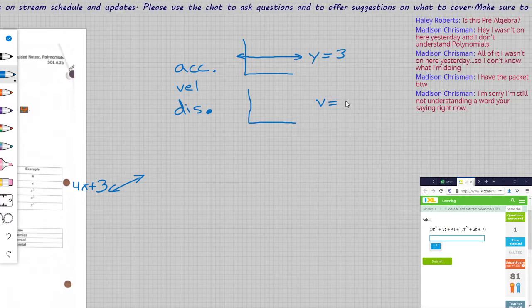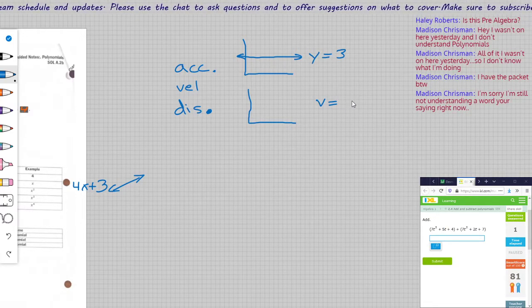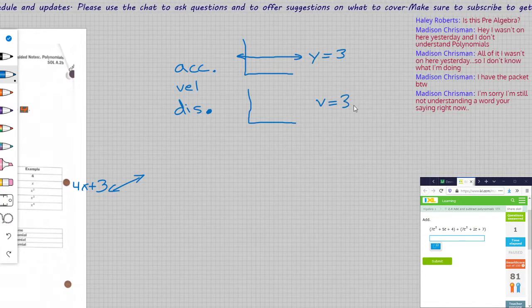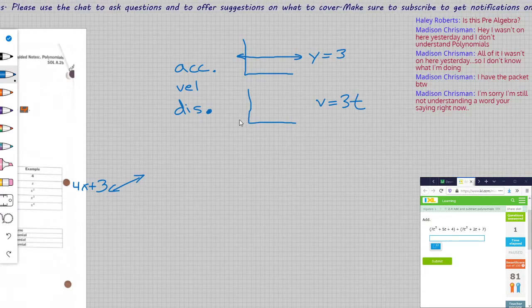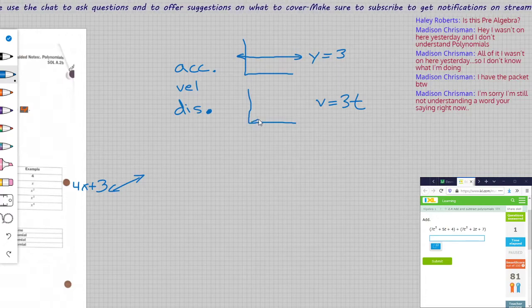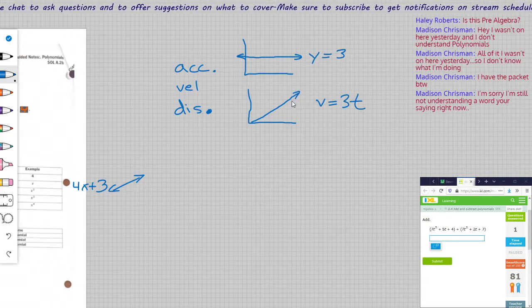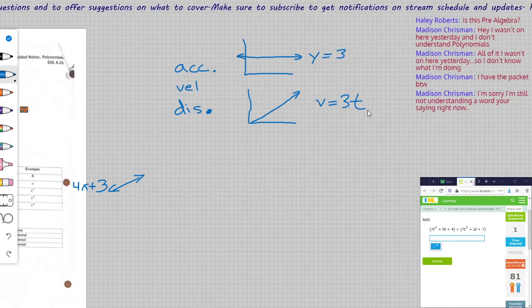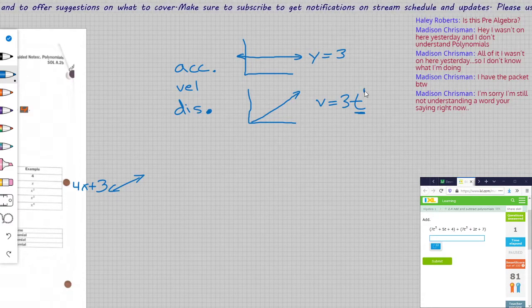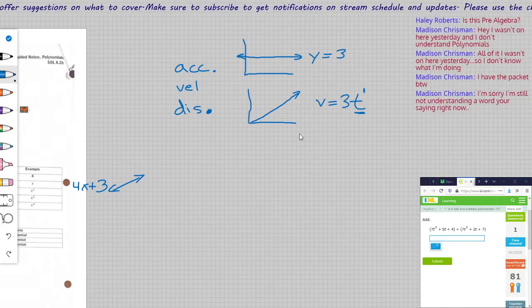So you'll have some constant, and if we're going back with that, we'll just make it simple, make it 3. So with time, your velocity is going to change as well, and that's how you get this linear line. So if you have a variable to the first power, that's going to be a linear polynomial.